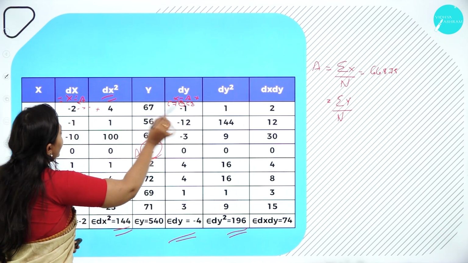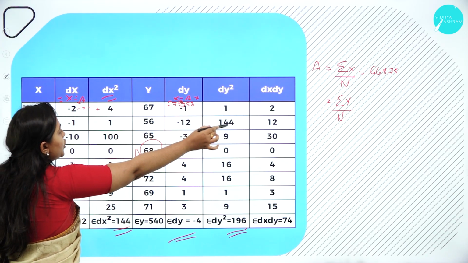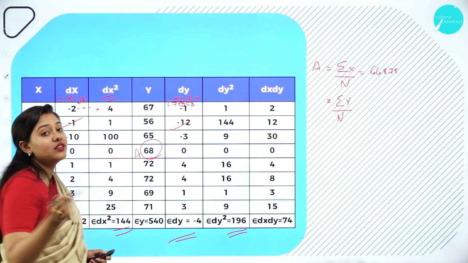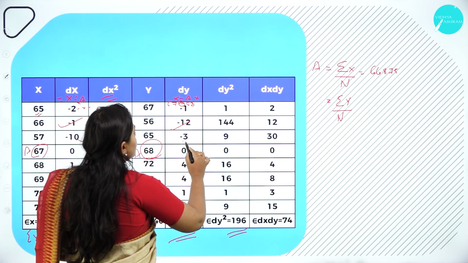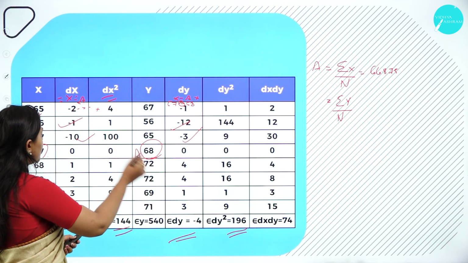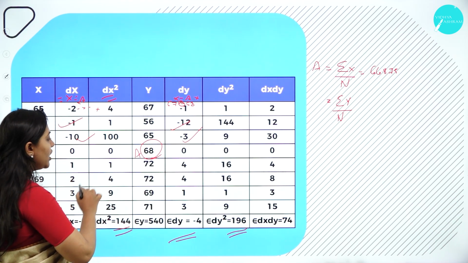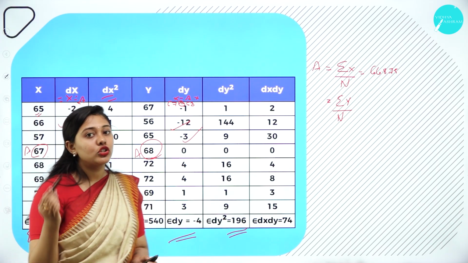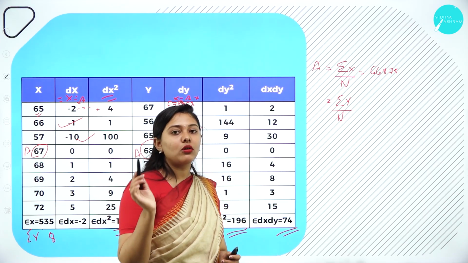So you will multiply dx into dy. 2 1s are 2, minus into minus, plus. 1 12s are 12, minus into minus, plus. 10 3s are 30, minus into minus, plus. 0 0s are 0, 1 4s are 4, 2 4s are 8, 3 1s are 3, 5 3s are 15. So the total of dx dy will be how much? 74. So we have got all the values.